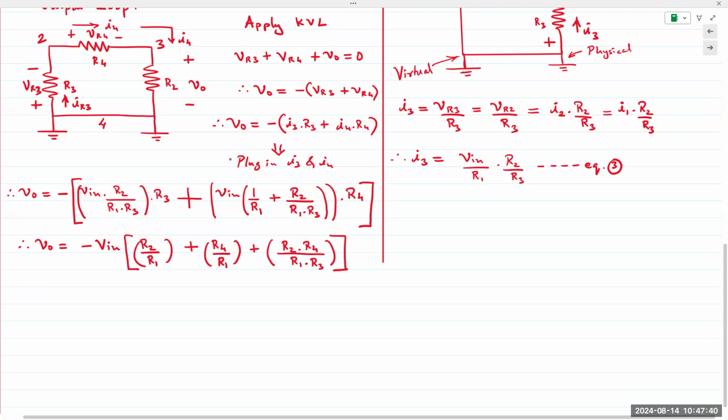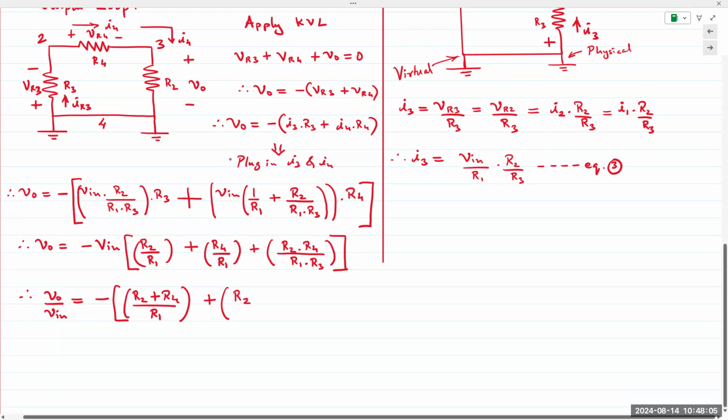And then I take V in on the other side. Again, V out over V in is equal to minus R2 over R1, combining the first two terms, and then the second, R2 times R4 over R1 times R3.